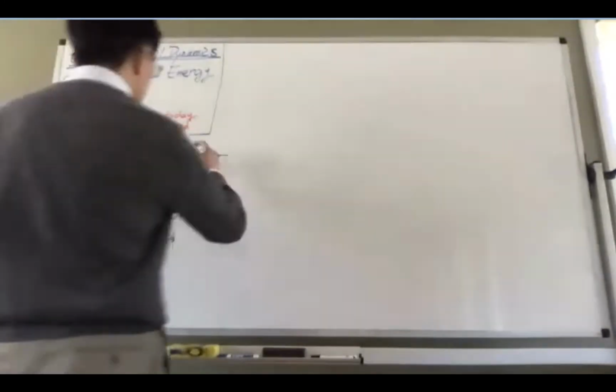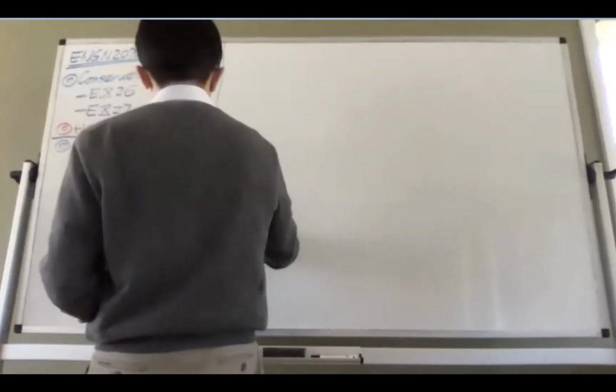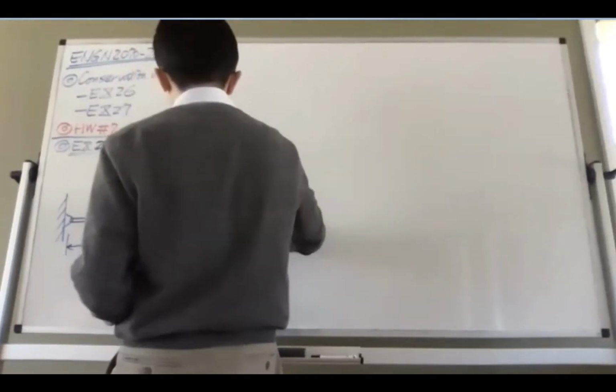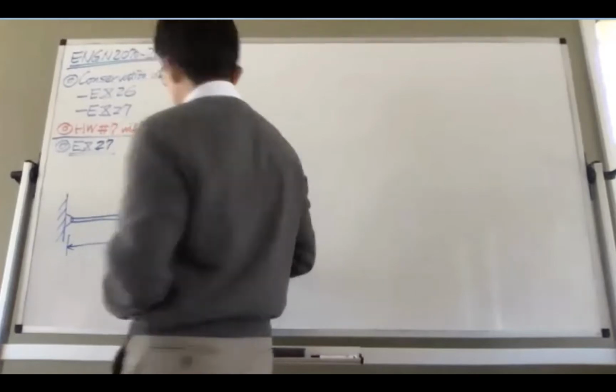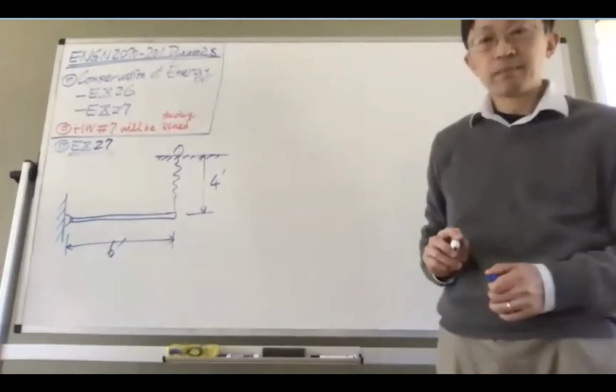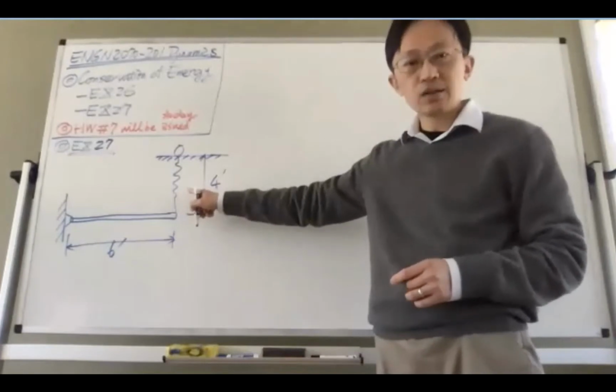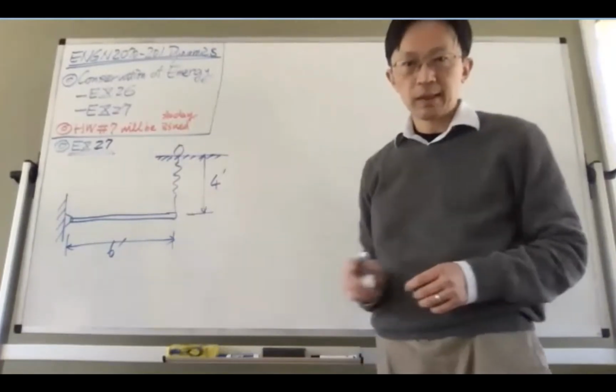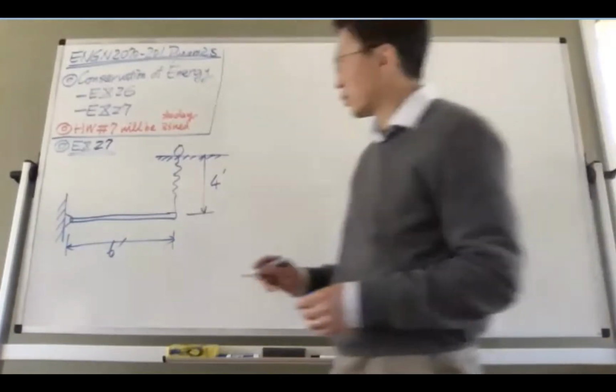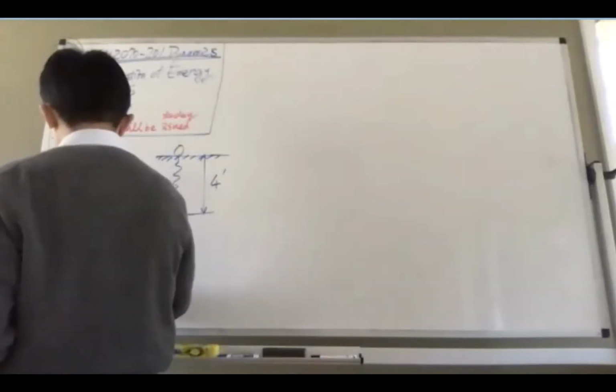And this length, the stretched length, as we know, is 4 feet. But this 4 feet is not the unstretched length of the spring. The unstretched length of the spring is 2 feet.